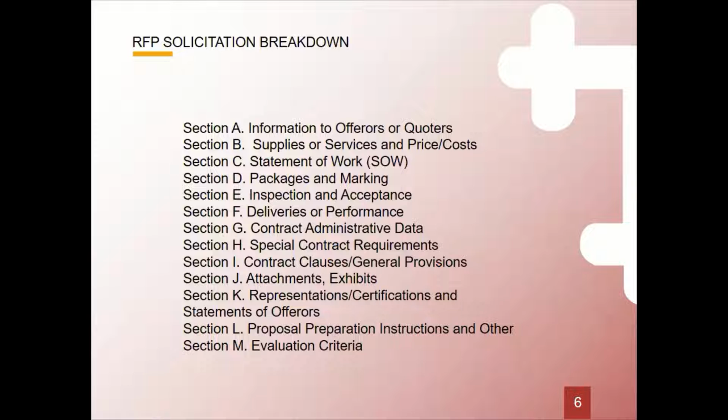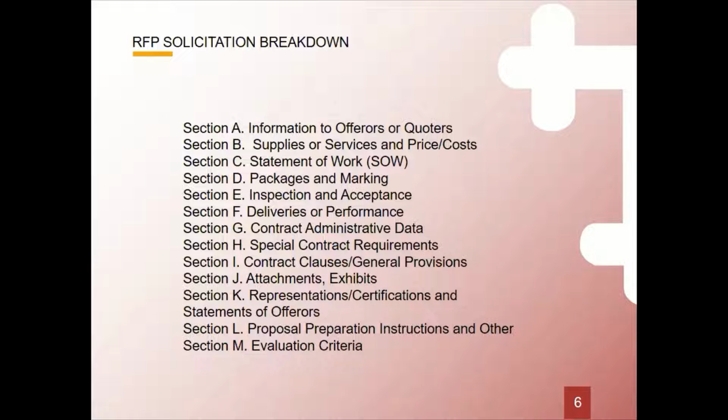Very, very important. This is going to tell you what reports you have to respond to when you are awarded this contract, when those reports are due, and how many copies of the reports are required. Section H, your special contract requirements. Section I, very, very important that you know the contract clauses.